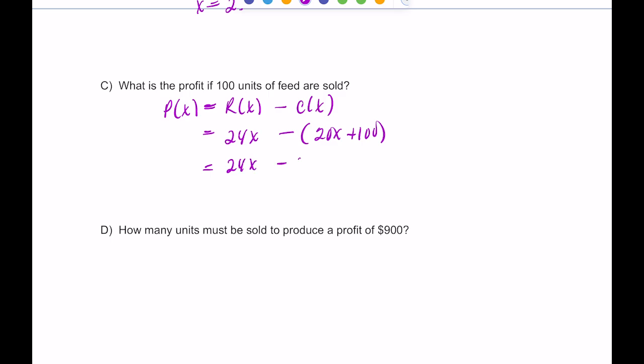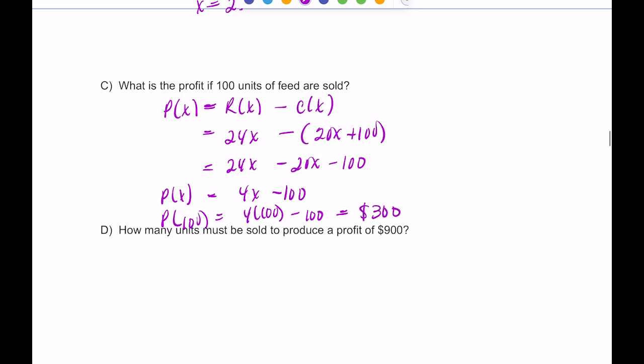And then we're going to distribute the negative and combine our like terms. So this is my profit equation. And now I'm going to substitute in 100 for X. And I would get $300 is my profit.